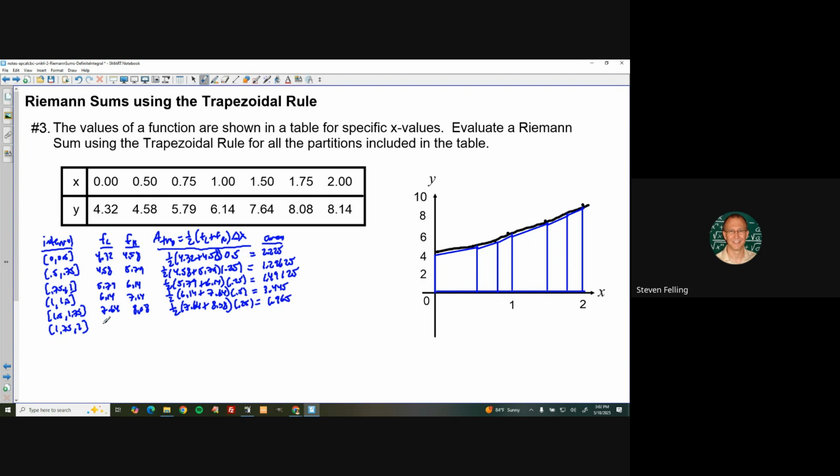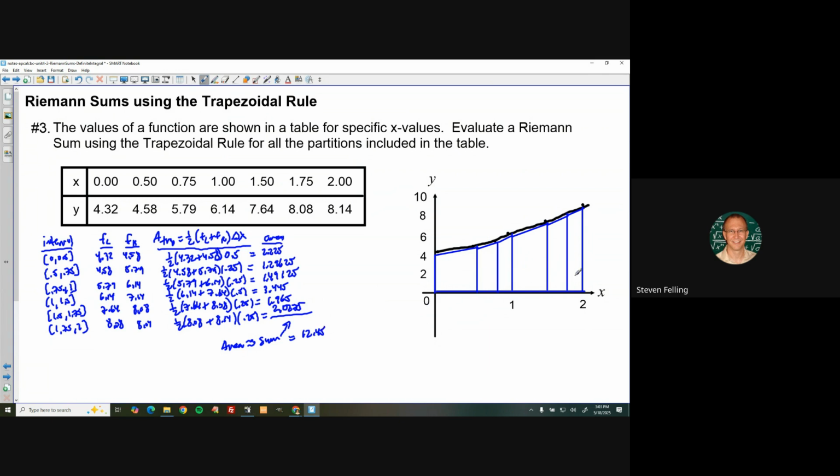And the last one, the heights are 8.08, 8.14. 1/2 sum of the two bases on the left and right, and the width of that interval is also 0.25, gives me this area, 2.0275. That means the area is approximately equal to the sum of that, which is 12.45.